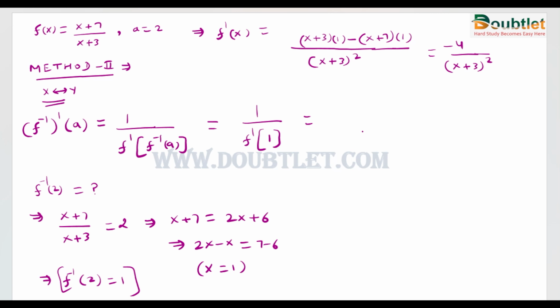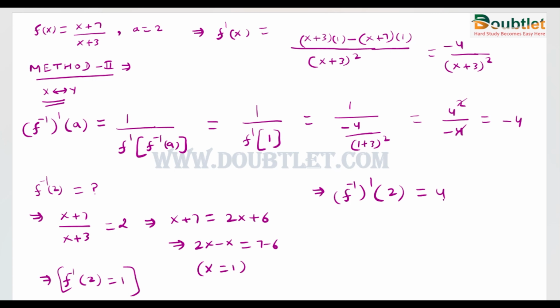Actually, this is 1 divided by f dash 1, and f dash 1 is -4 divided by (1 + 3) whole square. If we solve this, this becomes 4 square divided by -4. The square will cancel out, so it will become -4. So basically the answer of this question at a = 2 is -4.